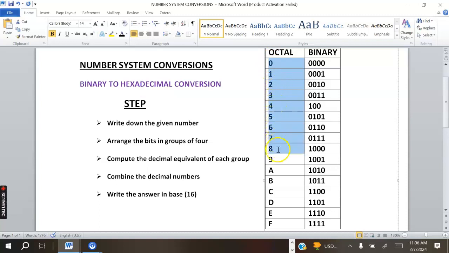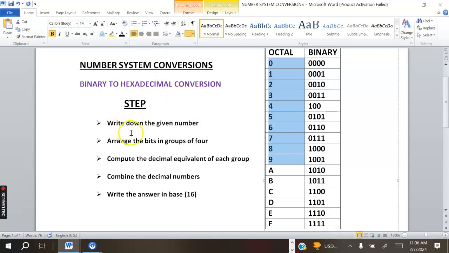As you can see, the numbers run from 0 to 9. While for the other part, we have letters to represent the remaining numbers to total 16. So we have A all the way to F, and each has its equivalent value. For 0, this is the binary value, while for F, this is the binary value.